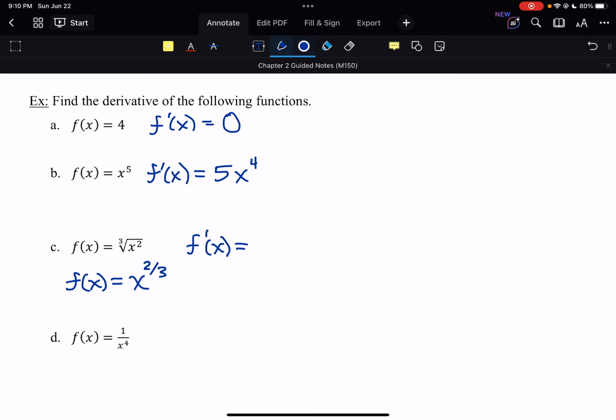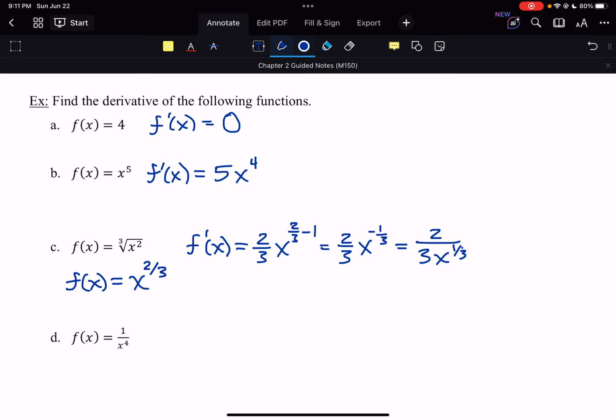So if we want to find the derivative, we're going to bring down that number, and we're going to subtract 1 from the power. 2/3 minus 1 is negative 1/3. So in order to make this a positive power, we're going to move it down using rules of exponents. So 2 over 3x to the positive 1/3.